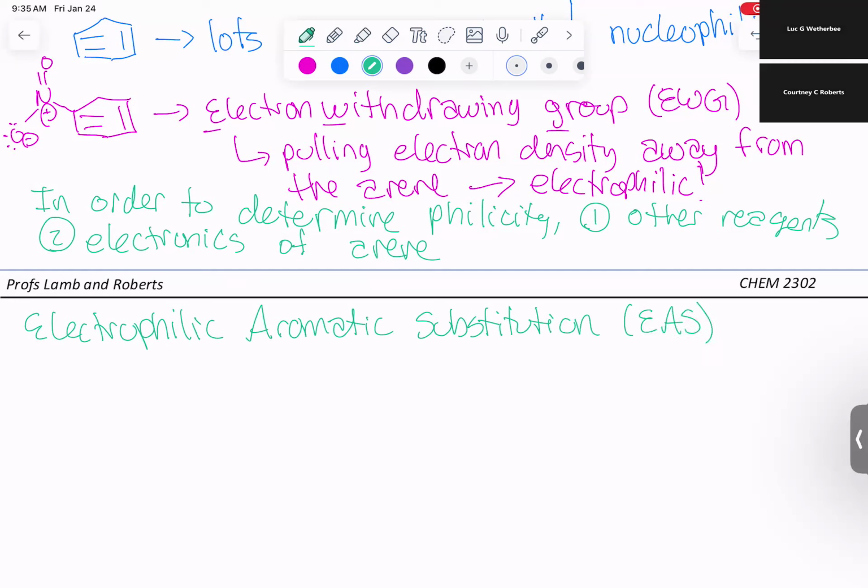So that's a lot to write out. Later on in the chapter, we're going to learn about nucleophilic aromatic substitution. So this is because we know that arenes can react as both. Okay, electrophilic aromatic substitution. An electrophile is substituting your aromatic ring, which means that your aromatic ring is the nucleophile.